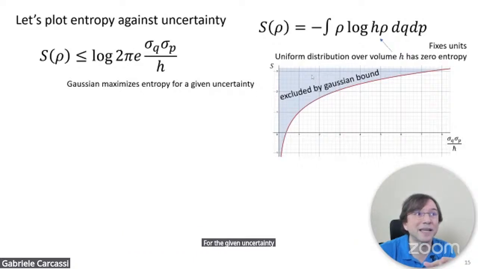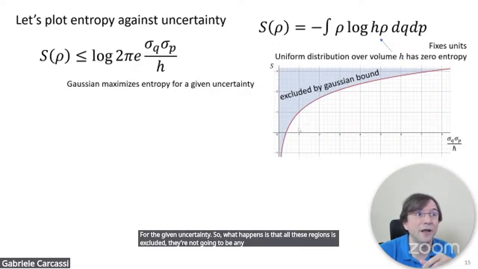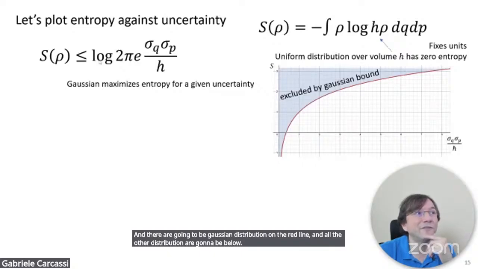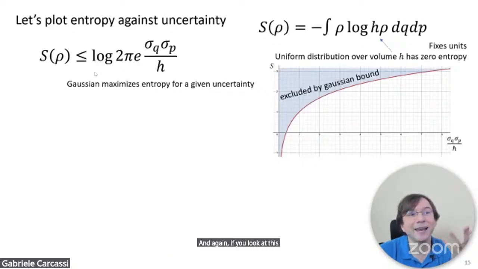So all this region is excluded. There's not going to be any distribution here. There are going to be Gaussian distributions on the red line, and all the other distributions are going to be below.